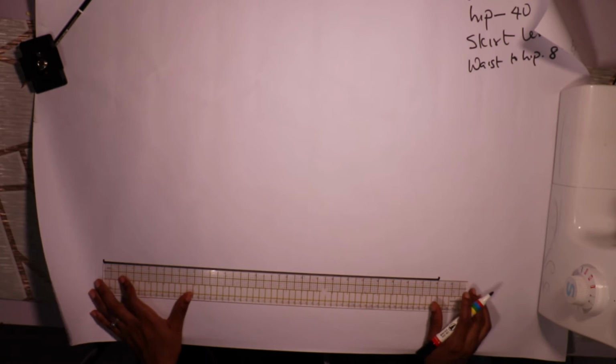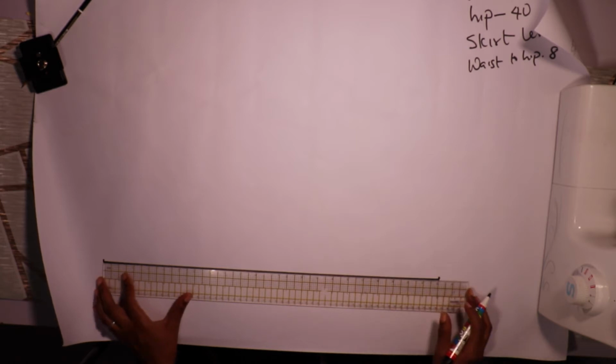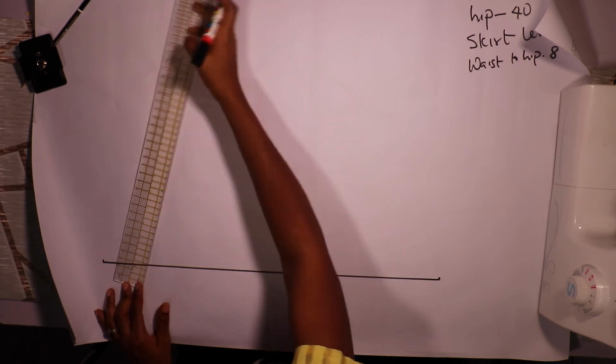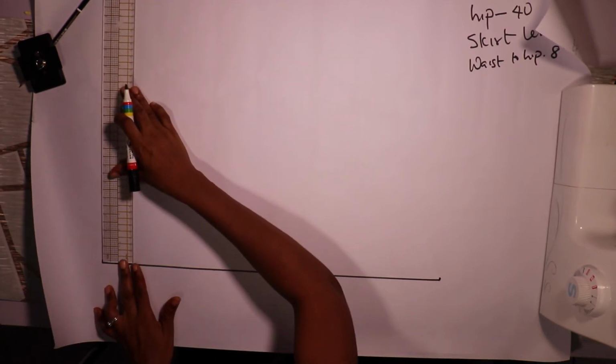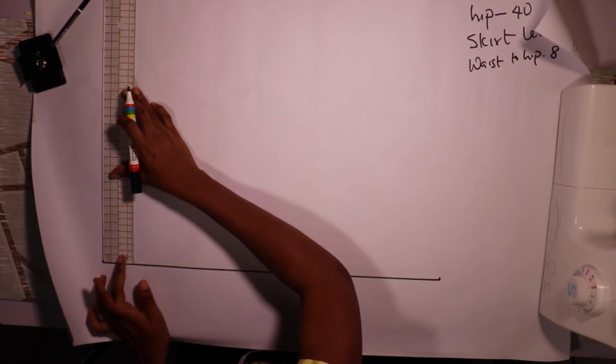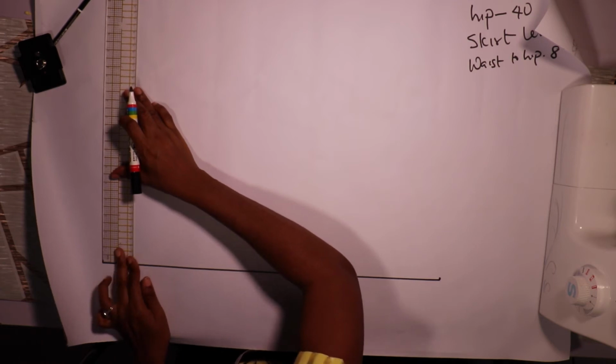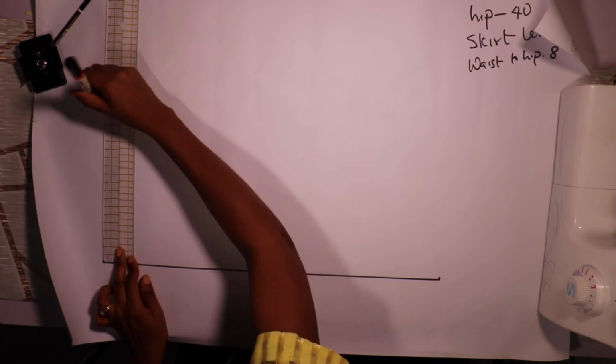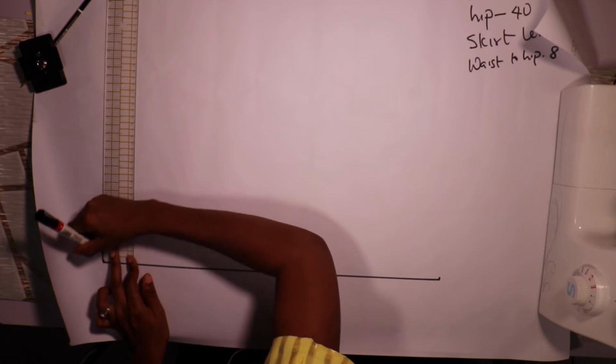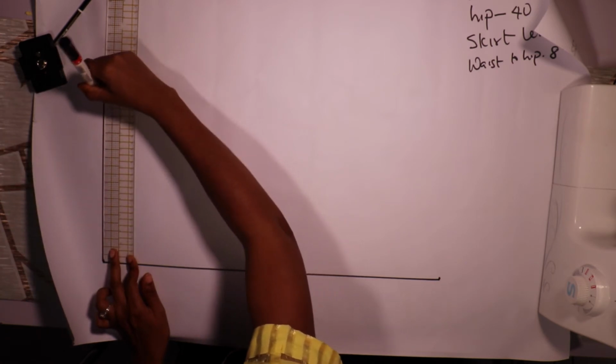The next thing I want to get is my hip measurement divided by 4. My hip is 40, and divided by 4 gives me 10. I'll turn my tape with my ruler like this and make sure it's perpendicular, and then I rule my straight line. 10.